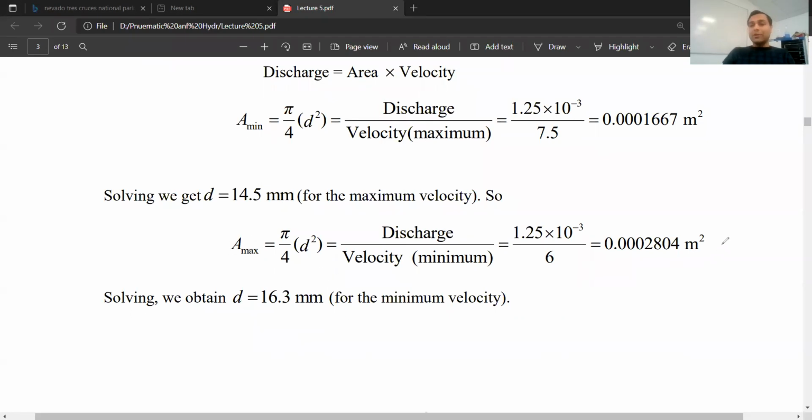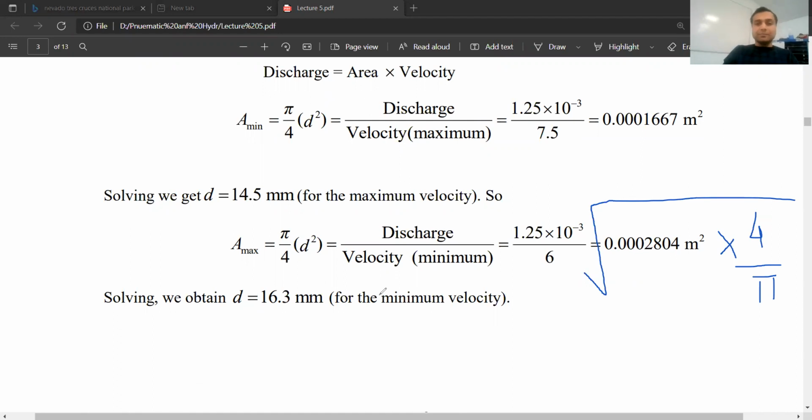When you get the maximum area, you do exactly the same to find the diameter. You multiply this thing by a 4, and you divide by a pi, and whatever answer, just square root the answer, and that will give you the diameter.